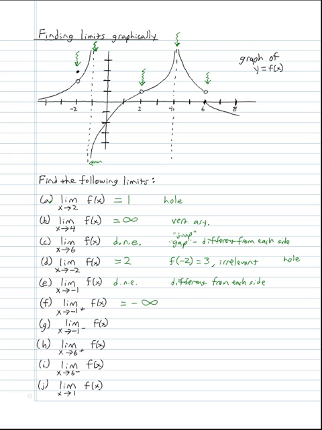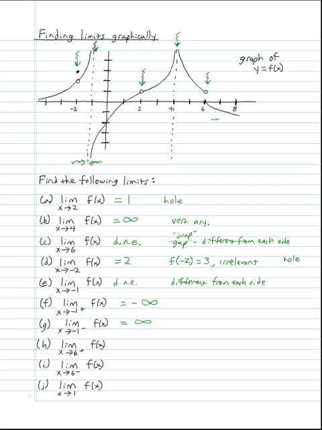However, when we go toward minus 1 from the other side, look at what happens to our values now. Our graph from this side of our asymptote is going upward on that vertical asymptote, so that means our limit must be positive infinity.